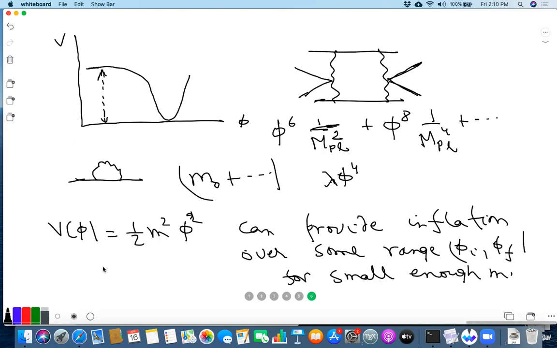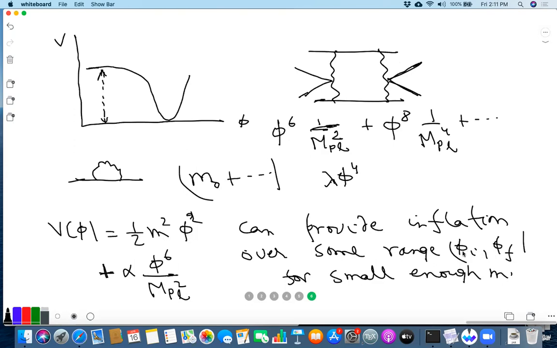But you can easily convince yourself that if you now add to this a term like some constant times phi to the 6 over M Planck squared, you might expect that this term is small because you have an M Planck in the denominator. But in order for this to provide inflation, it has to have a big range.